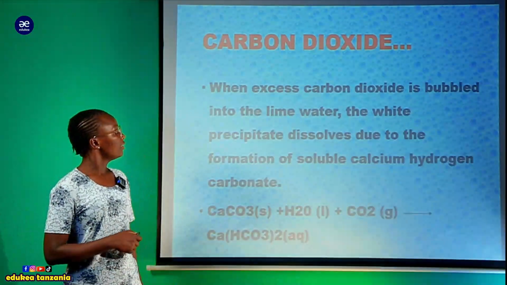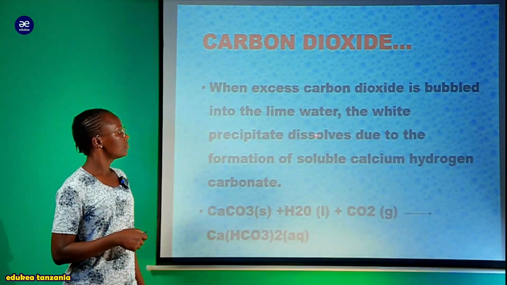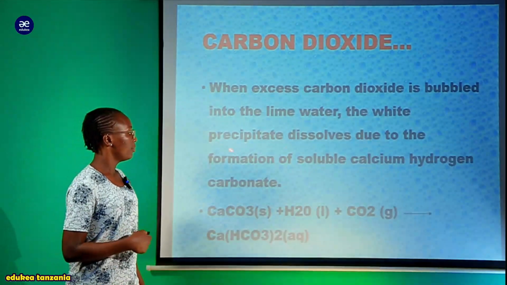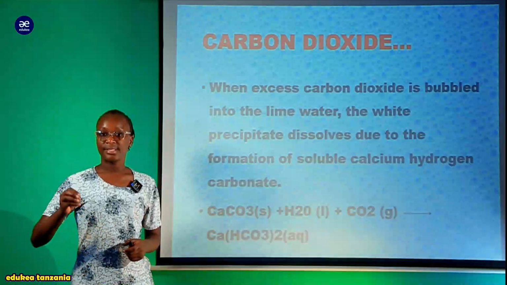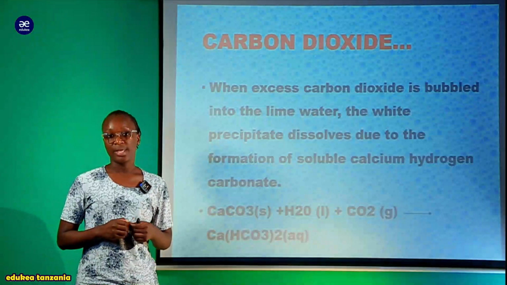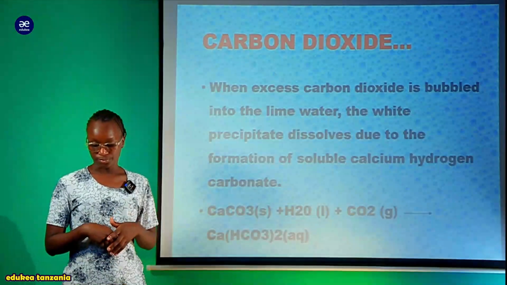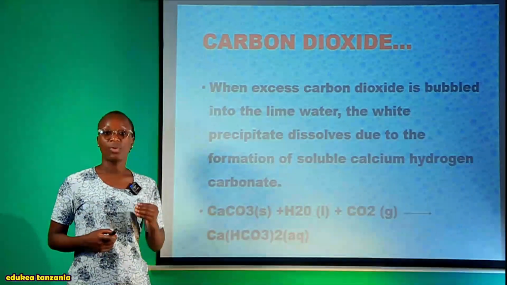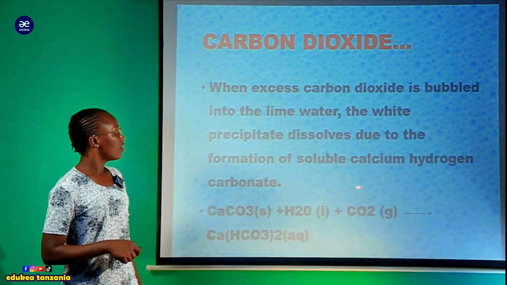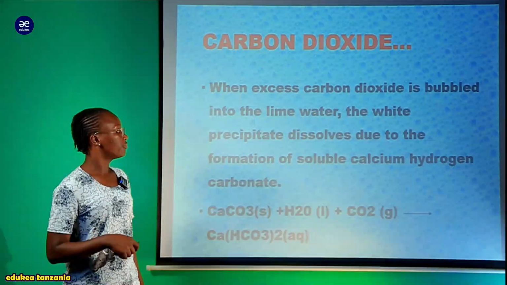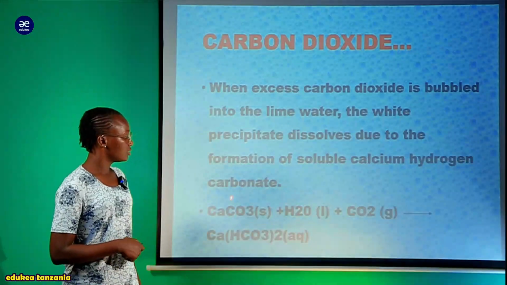Another is when excess carbon dioxide is bubbled into the lime water, the white precipitate dissolves due to the formation of soluble calcium hydrogen carbonate. Kwamba kama excess carbon dioxide itakuwa bubbled kwenye lime water, the white precipitate itadissolve, and this is due to the formation of soluble calcium hydrogen carbonate.